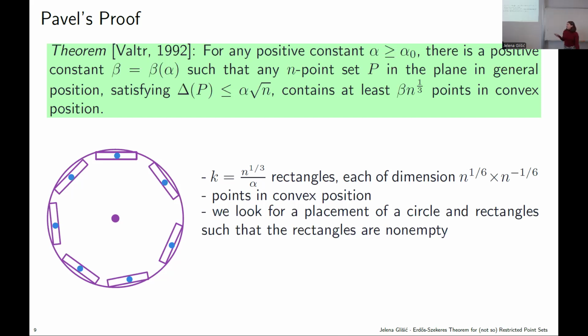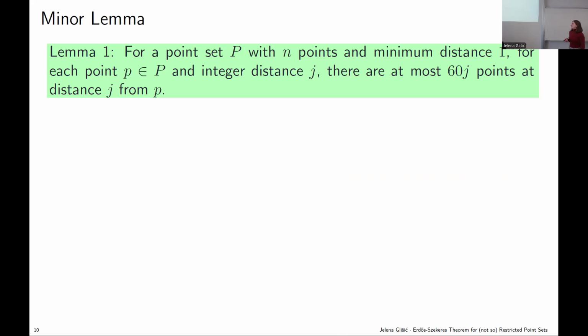So the first, I call it the minor lemma because it's not really important, but I just wanted to have a picture. The first lemma just tells me that if I look at my point set and fix some point, the number of points from my point set which are at some distance j is limited.